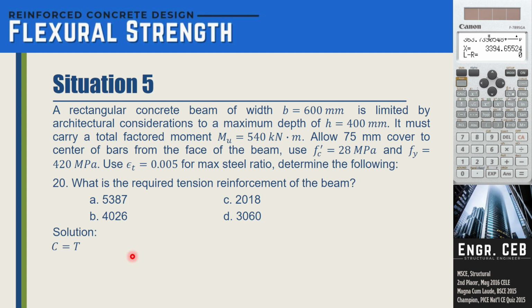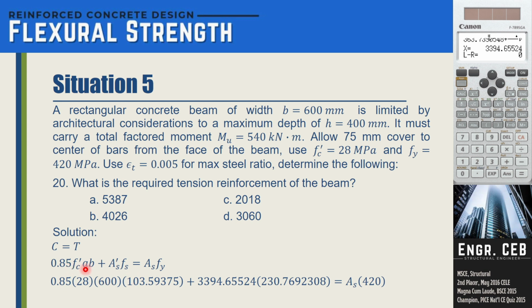We have to use again our equilibrium equation C equals T. All the elements in compression, that is 0.85 fc' ab plus As' fs, we equate to As fy. We already have the value of a, 103, which we computed before. The As', we computed from the previous problem.